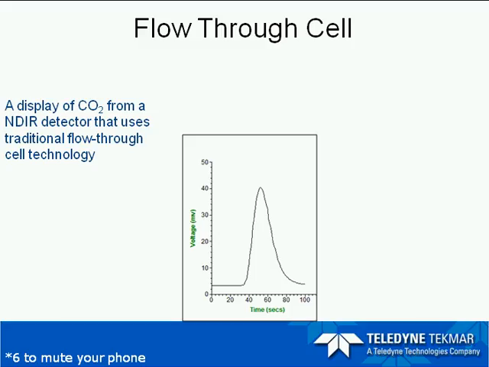Now to review, for many of you who are very familiar with flow-through cell technology, with the Phoenix 8000 and the Apollo 9000, you're very familiar with this graph here. What you'll see during the analysis phase and at the end of the analysis phase is a bell-shaped curve.